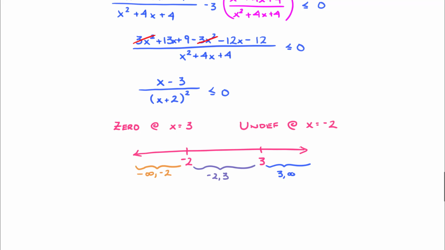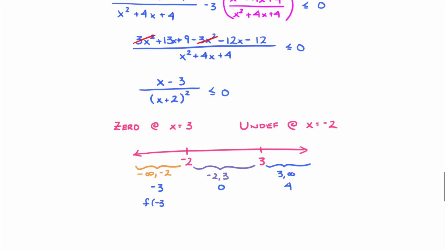So we want to pick values in each one of those intervals, and in this case we're talking about less than or equal to. So now we're looking at where is the sign negative or where is the function equal to 0. Those are our criteria for this one. So for this particular problem, I chose negative 3, 0, and 4 as my test points.